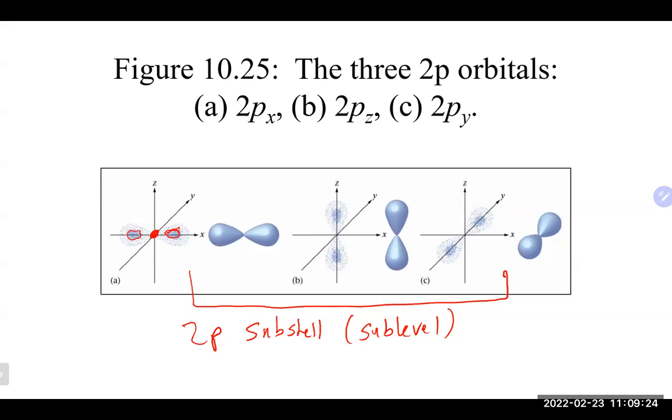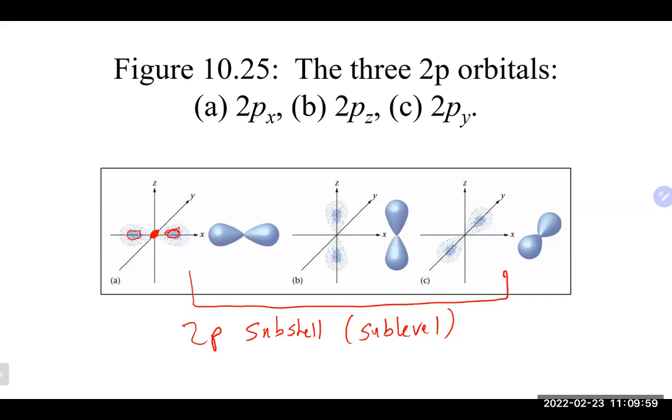Within that subshell, it contains three individual p orbitals, which means if I max out the number of electrons there, how many total electrons have I filled up in all three of those? 6. Each one could hold 2. Yeah, so technically, if we filled up the 2p subshell with electrons, we would max out at 6, 2 in each. Because s orbitals only have one orbital, there's no real subshell or sublevel associated with it. It's just an s orbital, which obviously has 2 electrons that you can put in there.